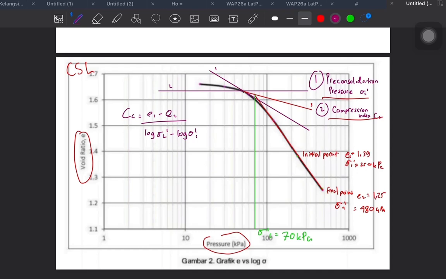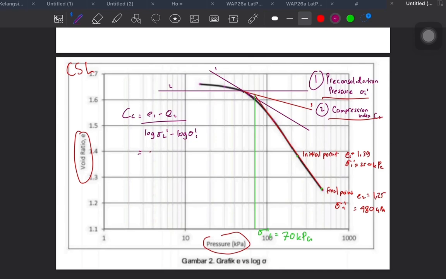To get the values for the initial and the final point, you can pick two random points from the high pressure line, so you will get the coordinates for each point.